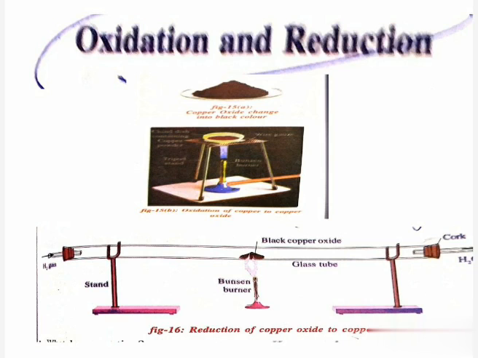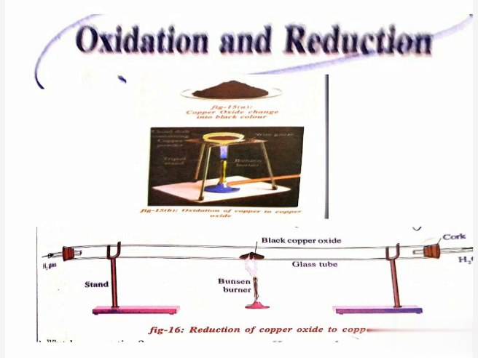Here one glass tube is there. In the middle of that glass tube we kept copper oxide. We close the ends of the glass tube with the help of single-hole rubber corks, and from one end of the glass tube we pass the hydrogen gas.